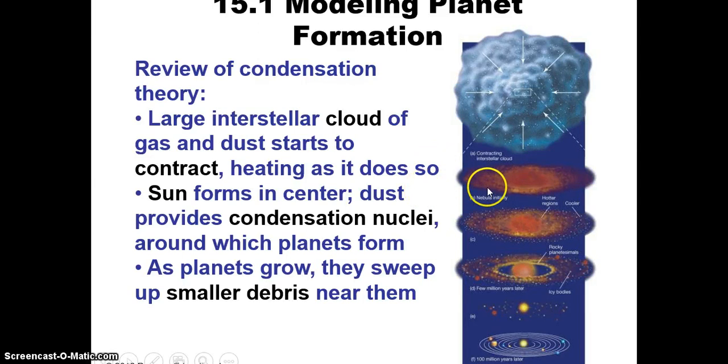All right, and of course, as this thing collapses, if it's going to become a star system, you have one or more stars that are born in the middle of this rotating cloud.